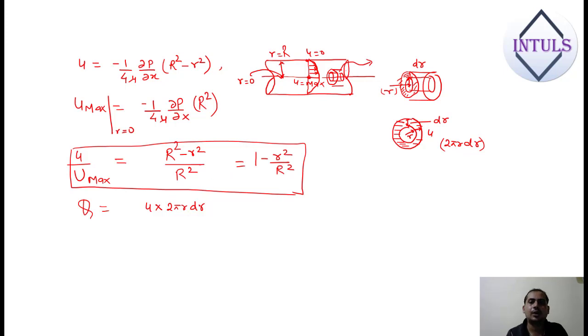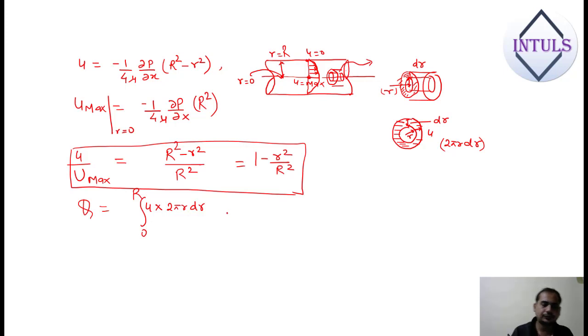Okay. Now you have to extend this dr from r equal to 0 to r equal to capital R. So you have to integrate this from r equal to 0 to capital R. This is the discharge.